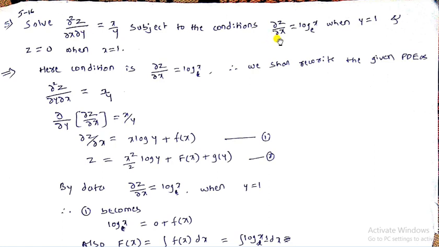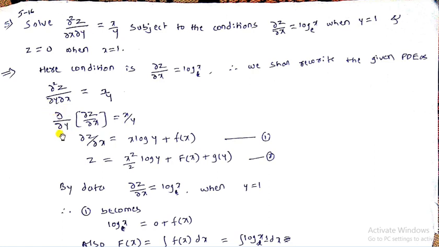So only for ∂z/∂x we will express it in this form: ∂/∂y of ∂z/∂x equal to x/y. So ∂/∂y means first integrate with respect to y, treating x as constant, and add an arbitrary constant f(x), because we are integrating with respect to y first here.